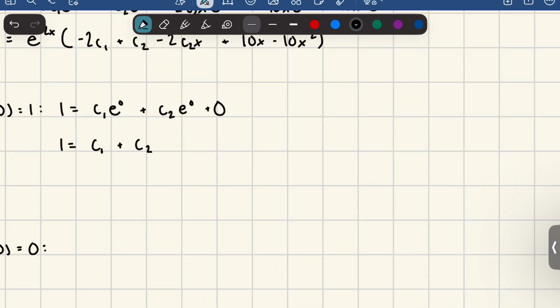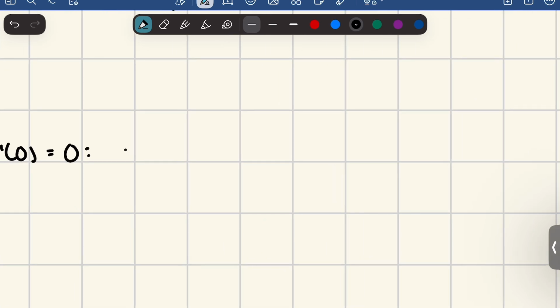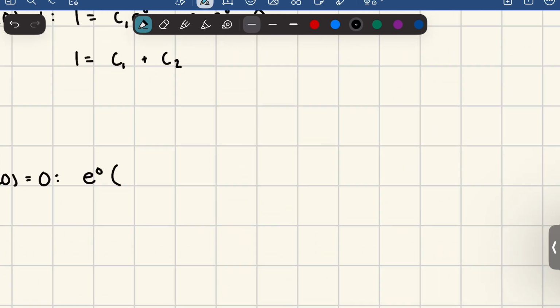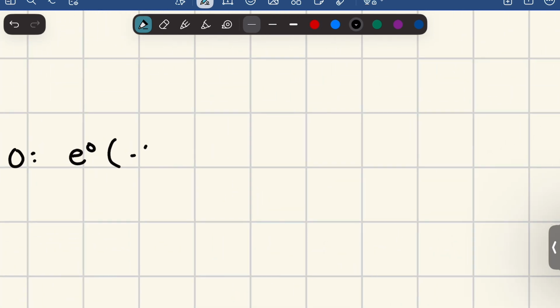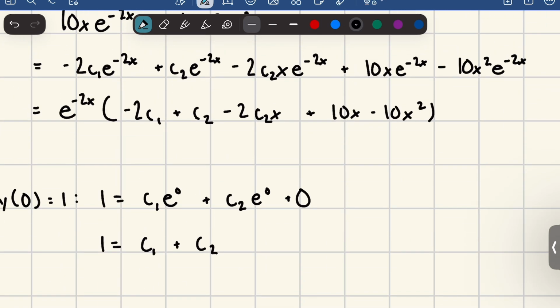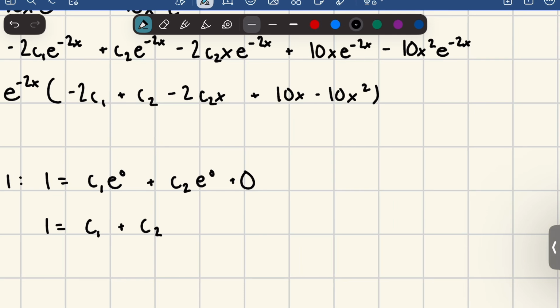So I'm gonna just do the same thing I did. I'm gonna sub in the zeros and stuff. Negative 2 c1 plus c2. I'm gonna do minus 2 c2x, so that would be 0, plus 10 times 0 is 0, minus 10 times 0 squared is 0.